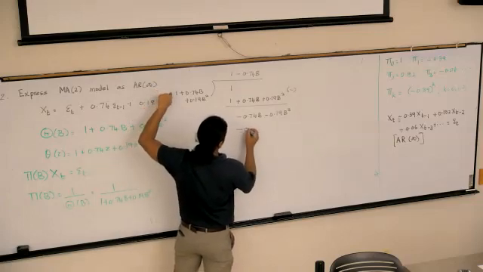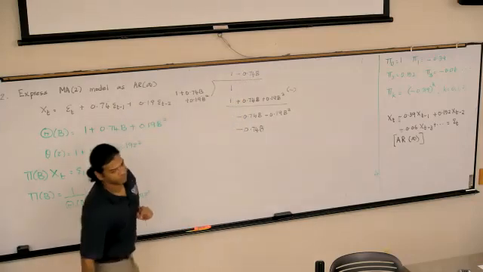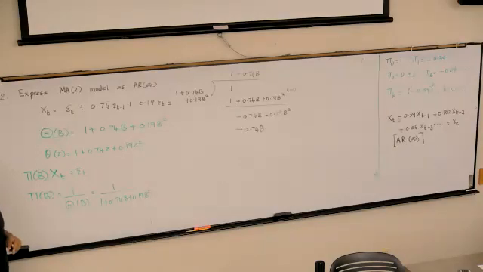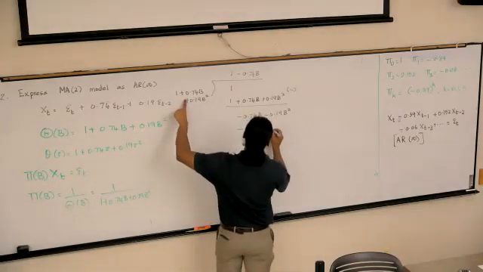What is negative 0.74 times positive 0.74? 0.548. Sounds about right.